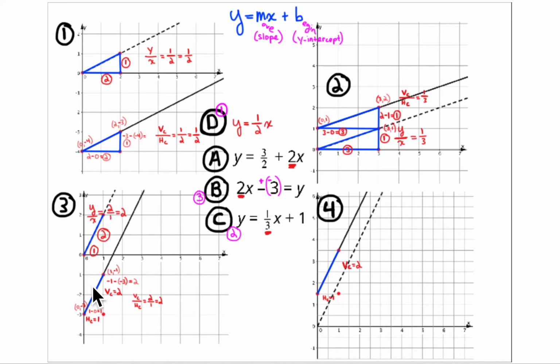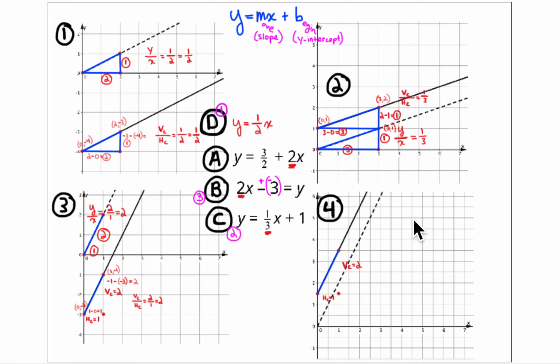You're adding negative 3. So the equation that goes with graph 3 is equation B. Slope is 2. So it's 2x plus a negative 3. And they flip this over the equal sign. Doesn't really matter if you write it as y equals this amount with the y over here and this over here. It's the same thing.